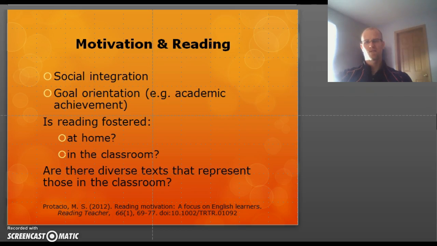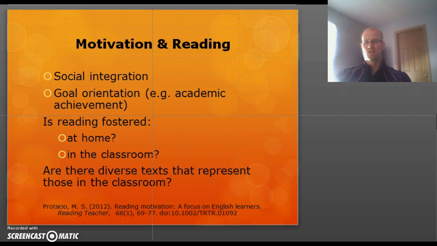When considering a student's motivation, we also have to think about what is going on both in and out of the classroom. So has the student been read to? Has the student seen his parents reading? Have the students been encouraged to read at home? And the same could go for the classroom. Is the teacher reading in front of the students to set a good example?